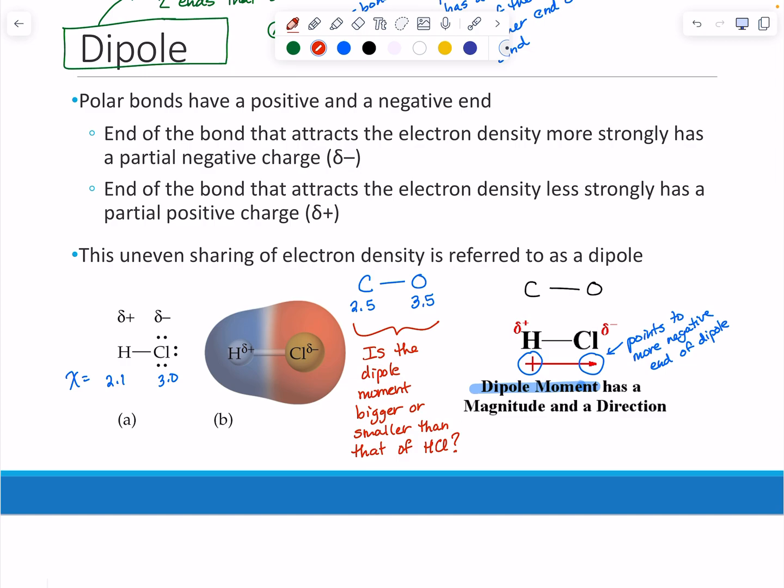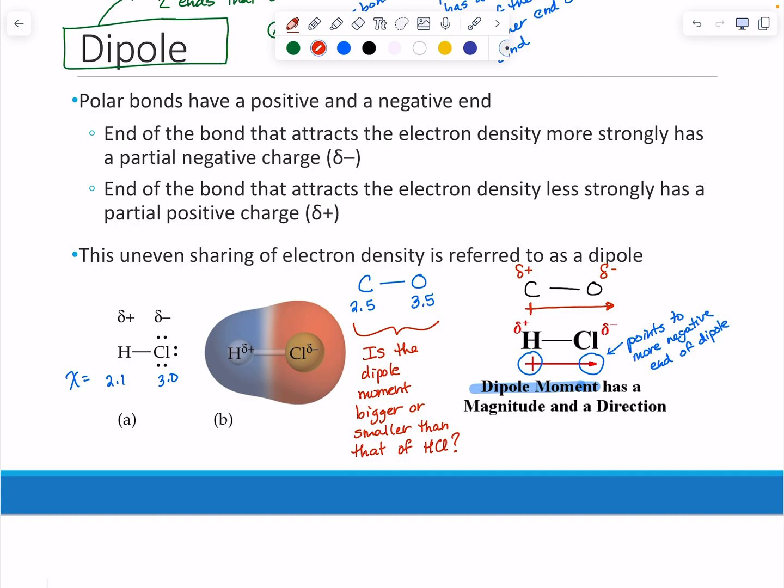The one with the bigger or the smaller? The one with the smaller. So our carbon is going to be the partially positively charged atom, and the oxygen is going to be the partially negatively charged atom. The difference is larger than the difference in the hydrogen chloride molecule, so we'll draw the arrow as longer.